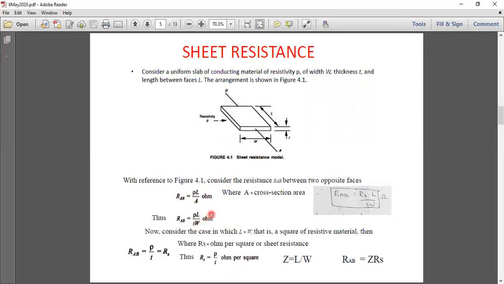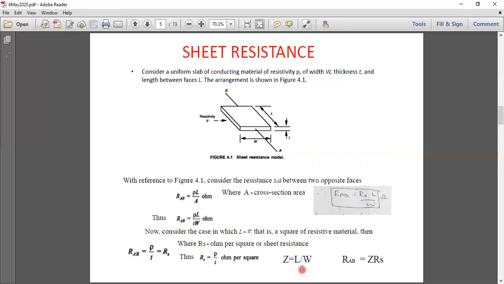Suppose if L equals W, then this conducting material is of square shape. Then the resistance reduces to rho by T. If L equals W, then this resistance RAB reduces to rho by T. And this rho by T is known as sheet resistance. And the unit of sheet resistance is ohm per square.